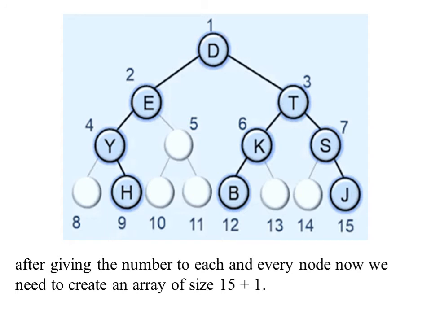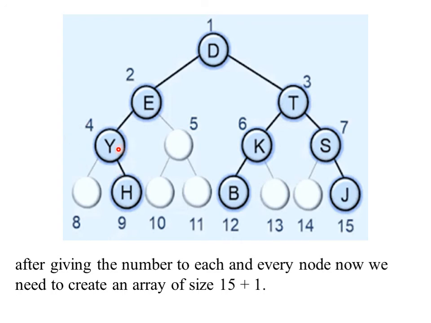1 is the root node. These two nodes are its left child and right child, that is 2 and 3. Similarly, this 2 has another two children, numbered 4 and 5, and this 3 also has another two children, 6 and 7.